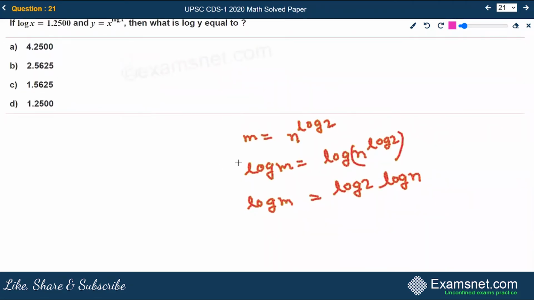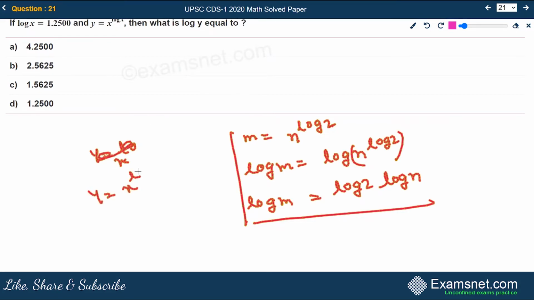So y equals x to the power log x. So let's put log on both sides. Log y equals log of x to the power log x.